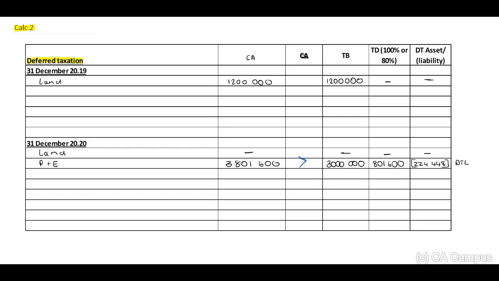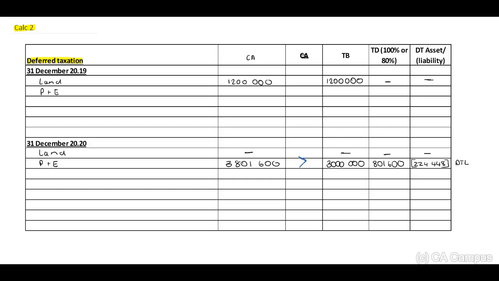Okay, but now what will the value be for 2019? They provide us with the depreciation and the tax allowance for the year. Okay, we know that we have closing balances.